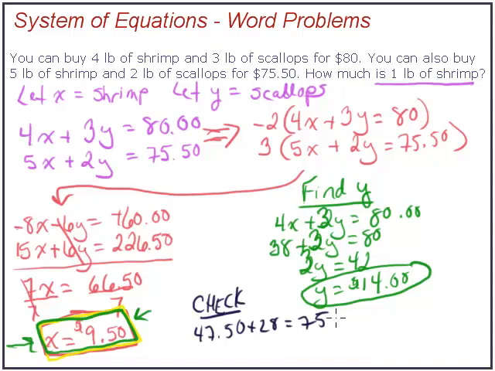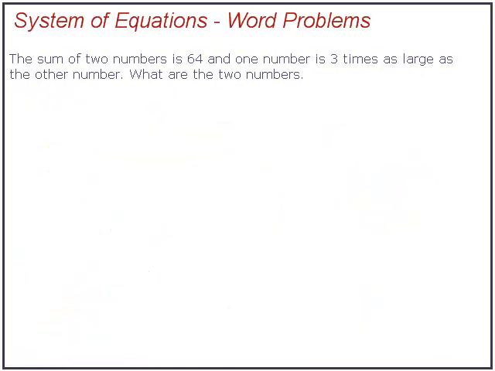And you're asking, is this true? And yes, it is true. 75.50 equals 75.50. So for the lack of space, I just went ahead and did the math, but I know that I did it correctly. This does check out. So the answer to this one is $9.50.